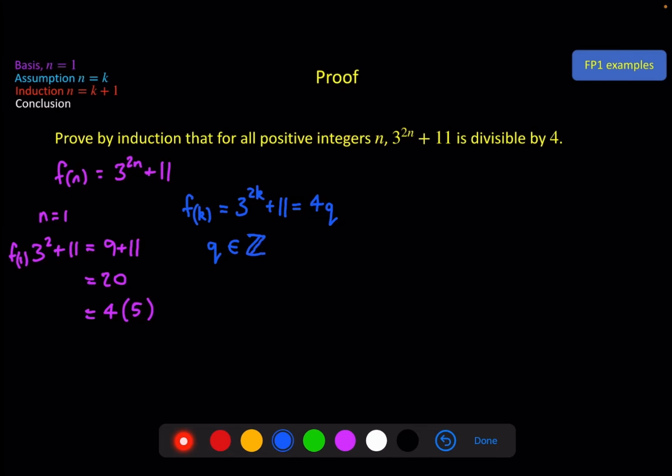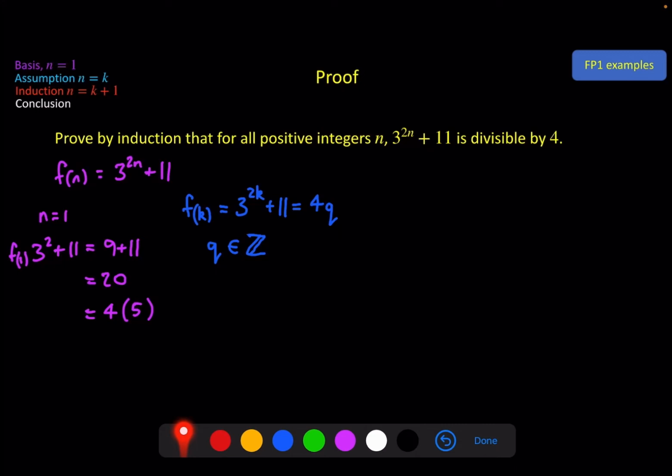So if you can write this as 4 times an integer, that means that this number is divisible by 4. And probably it's all going to be positive because we're talking about positive integers in here. So my assumption here is this little bit here, divisible by 4.